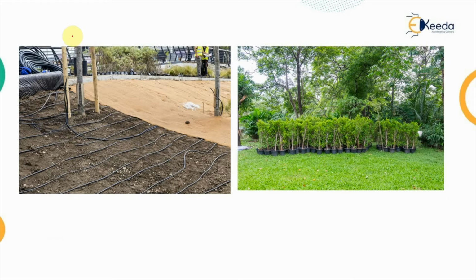The next technique is known as the subsurface irrigation. Now we have already seen that in the different types of the irrigation when we were discussing that. So what it provides is that certain pipes are installed below the ground level so that they directly supply the water to the root zone of the plant.